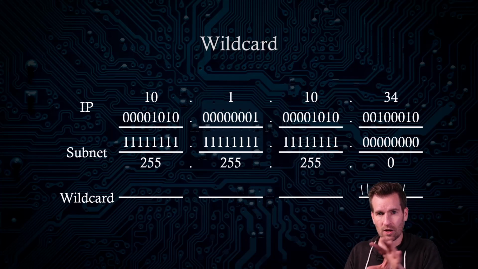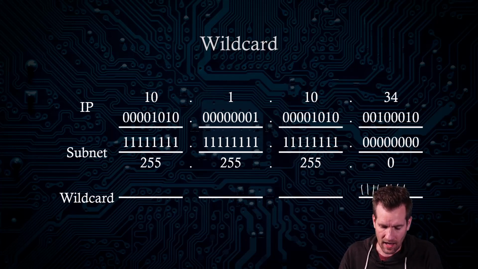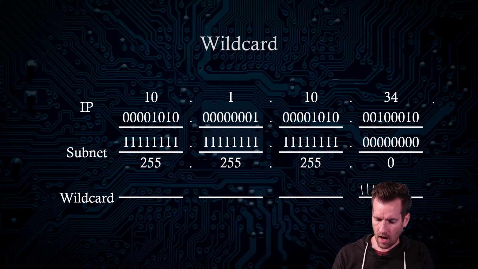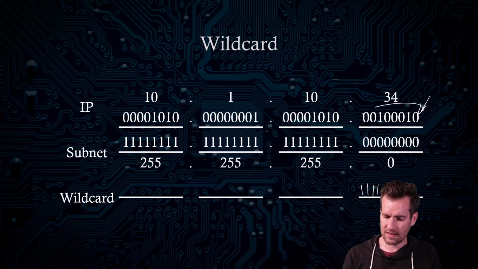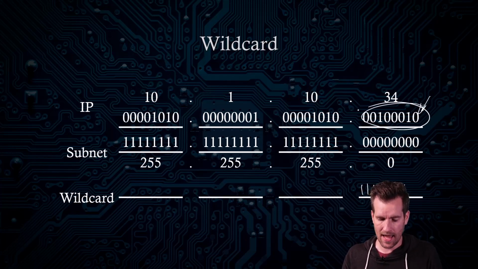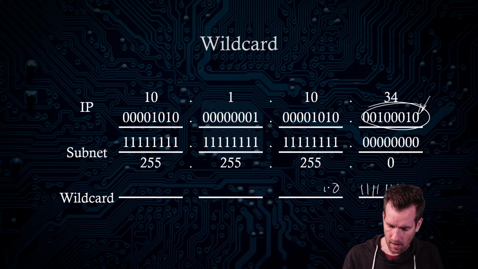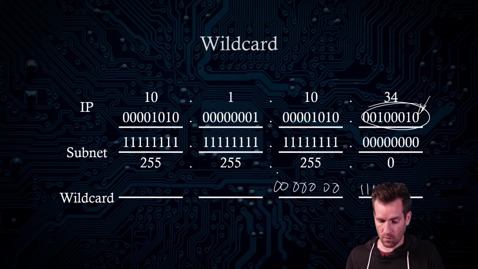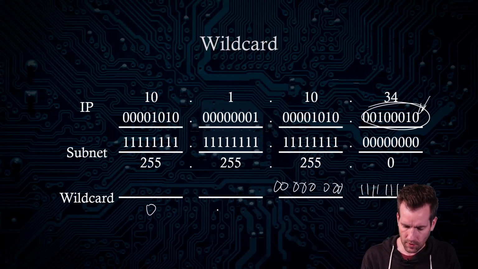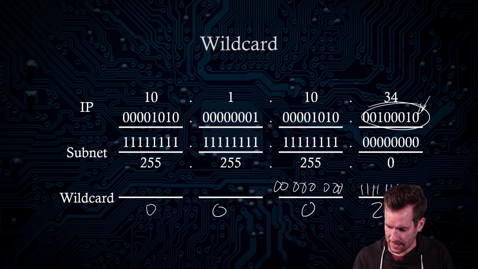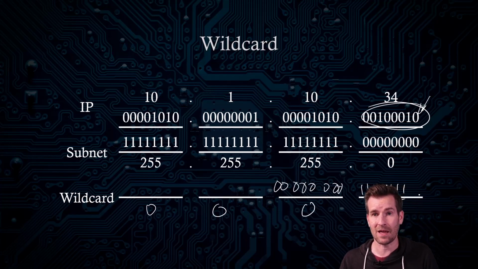So this essentially turns into ignoring that part of it. And then these would all be zeros across here, saying that those are the ones we are concerned about, that we want to see. So what we end up with, the wildcard mask, once again, is the opposite of a subnet mask.